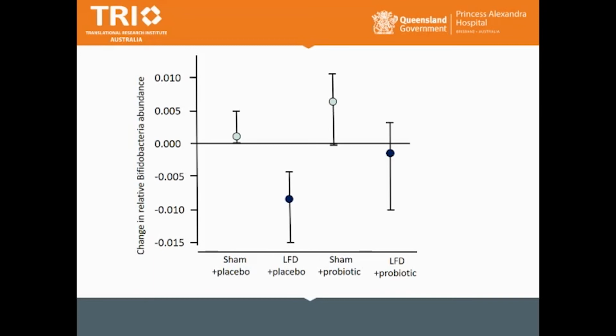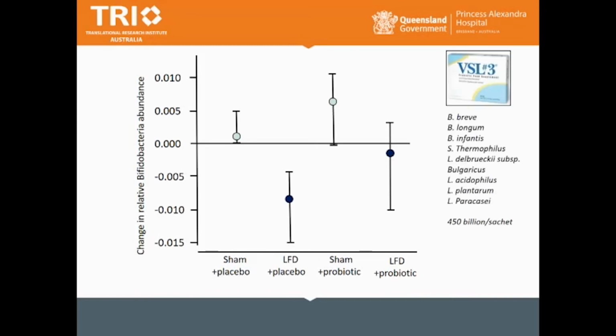So in this study, it appeared that this probiotic was effective in preventing those changes that we'd seen earlier. And this makes sense. We chose our probiotic carefully, lots of strains of bifidobacteria, really high-dose probiotic, and it seemed to do the trick. In clinical practice, however, we don't recommend this.